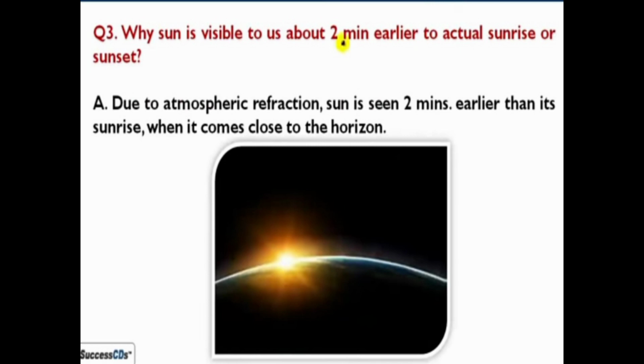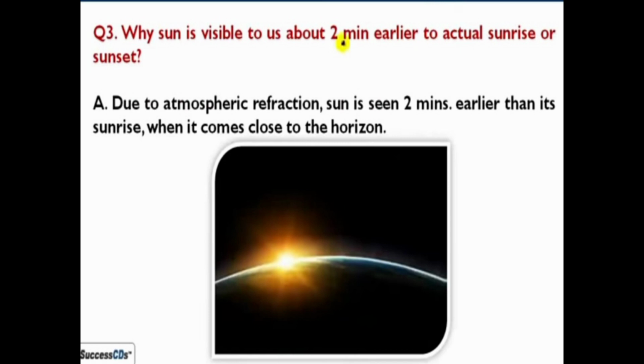So what happens is, between the actual and apparent position of the sun with respect to the horizon, the time difference between the actual sunset and the apparent sunset is about 2 minutes, and the apparent flattening of the sun's disk at sunrise and sunset is also due to the same phenomenon.